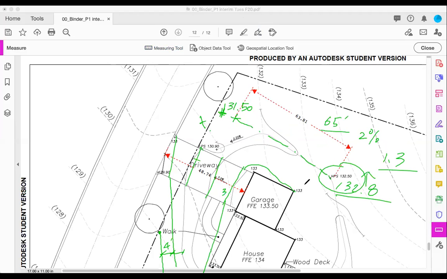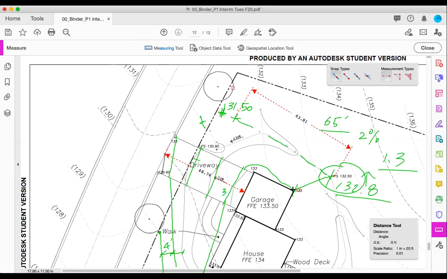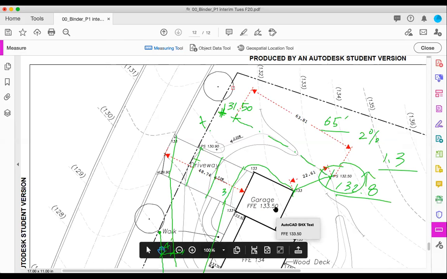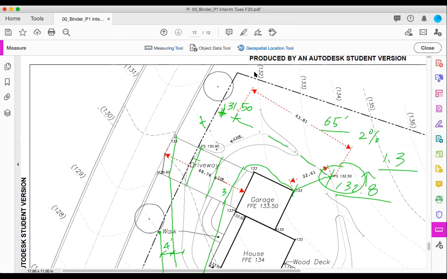Let's see, is this distance exactly 25? I don't think I measured it. Okay, so let's measure it. So that's close to 25, which means the only thing that you need to do actually is to make this, annotate again, make this the same as the garage FFE.